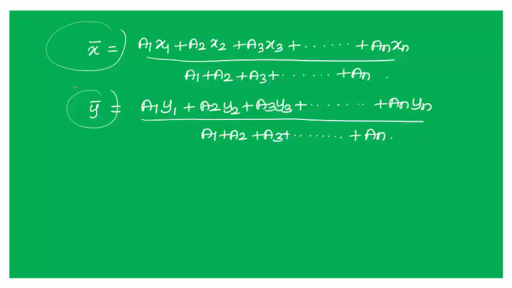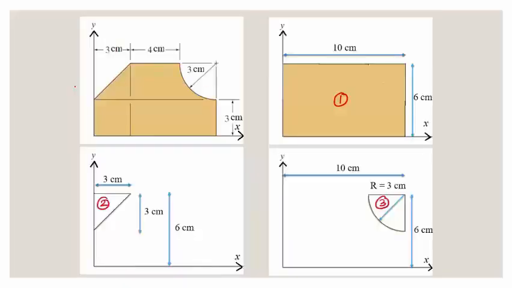So for the given case, we have considered 3 sections to locate the centroid, but if we subtract the second and third sections from the considered first section, then only we can have the given plane area.